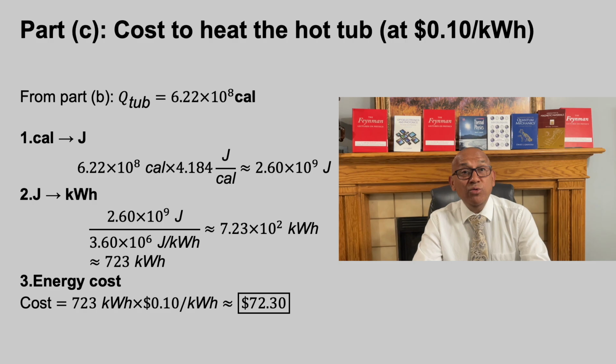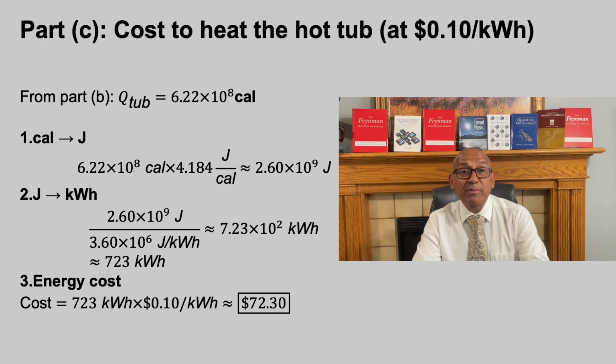That gives about 2.60 times 10 to the 9 joules of energy. In step 2, convert joules to kilowatt hours by dividing by 3.6 times 10 to the 6 joules per kilowatt hour. That works out to be roughly 723 kilowatt hours.